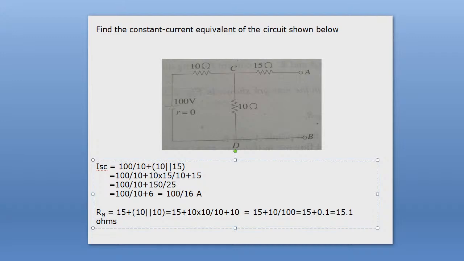Okay, let me check. If you short 15 in parallel 10 into 10. Okay, right. 100 divided by 20 equal to 15 plus 5.